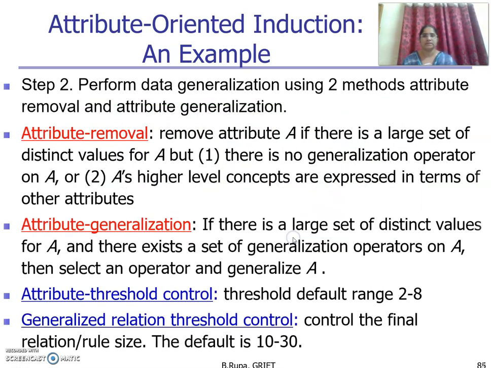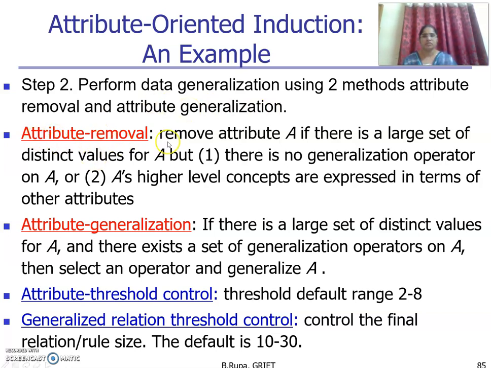Next, in the second step we need to perform data generalization using two methods: attribute removal and attribute generalization. That means we need to find which attributes are relevant and which attributes we need to remove from the initial working relation table.